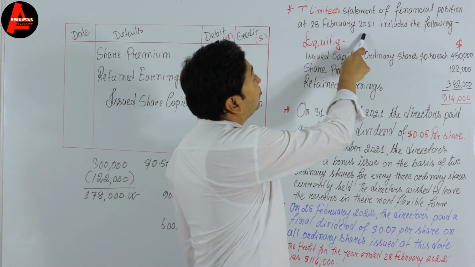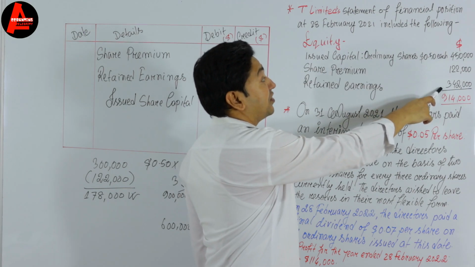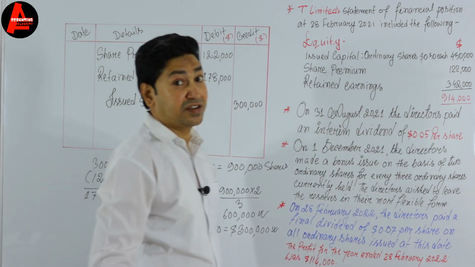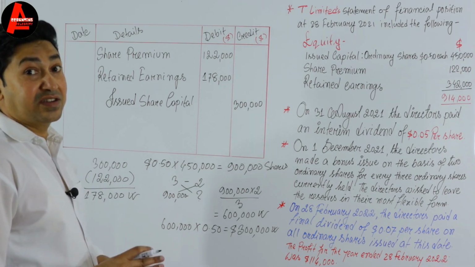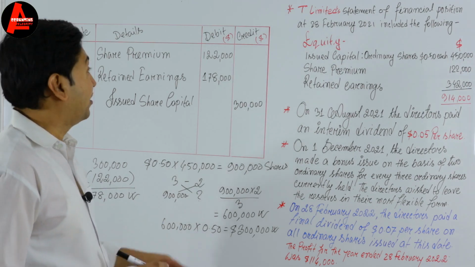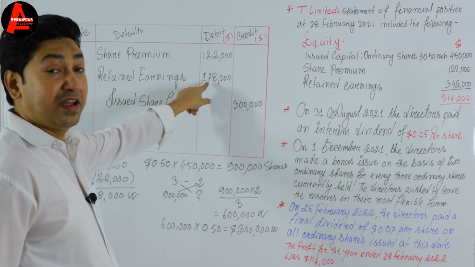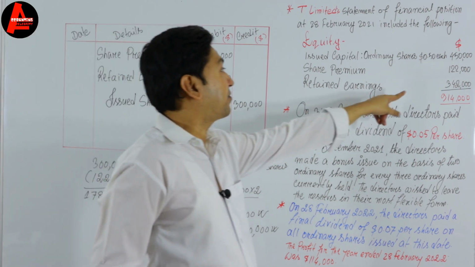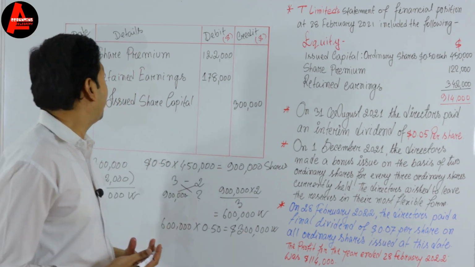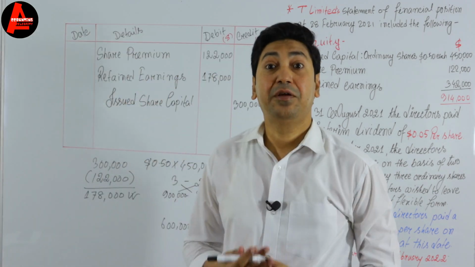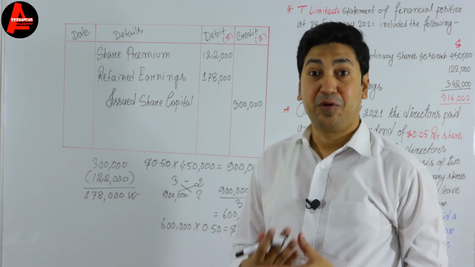On 28 February 2021, retained earnings was $342,000. But at the end of the financial year, retained earnings will be decreased because this $178,000 is taken from this amount. So this is how you need to journalize when a business issues bonus shares.